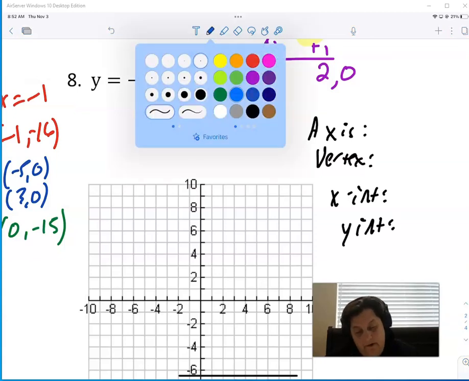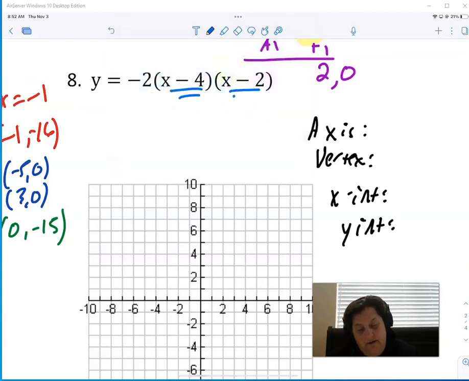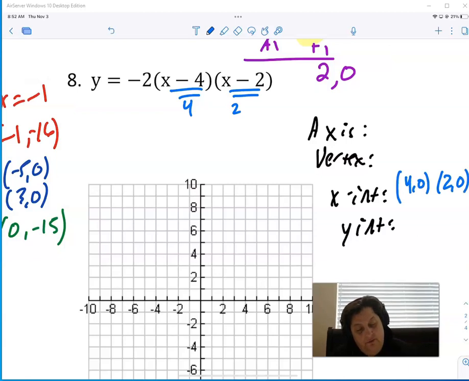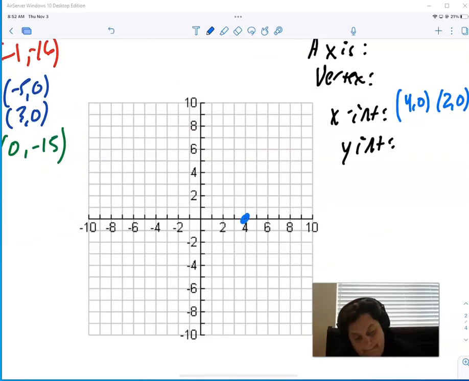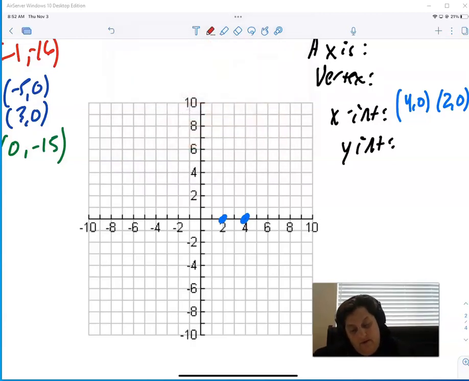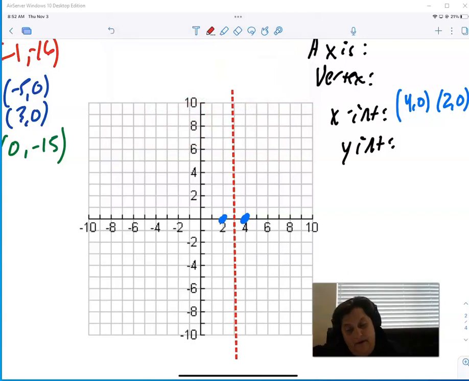Okay, again, starting with the x-intercepts at 4 and 2. Cool. All right, halfway in between those is an axis of symmetry at 3.